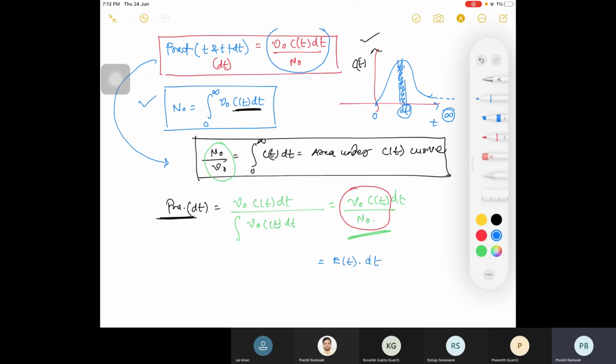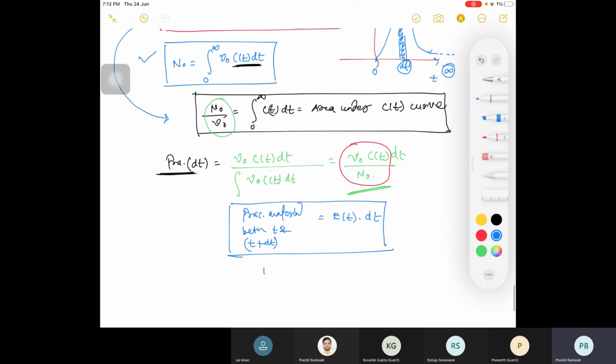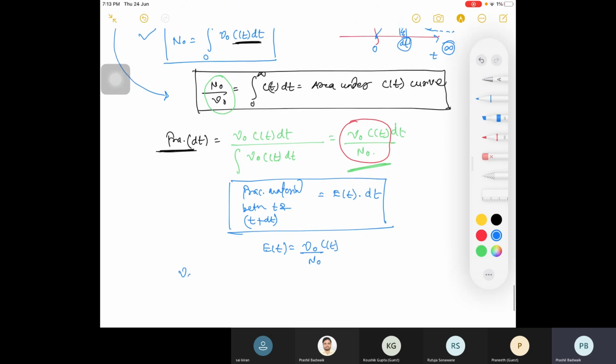Don't get confused. This is your fraction of material between time t and t plus dt, that is Et into dt. Here Et equals nu naught divided by n naught into Ct. Nu naught is the volumetric flow rate of tracer.